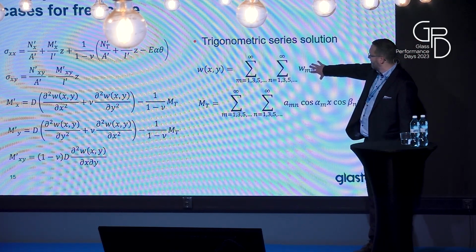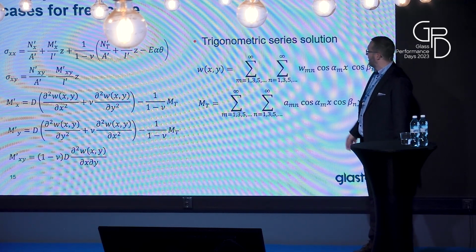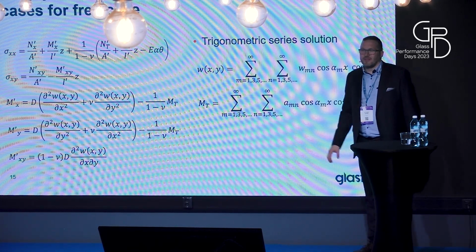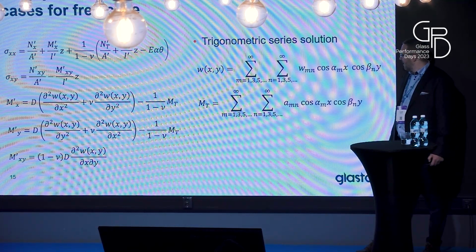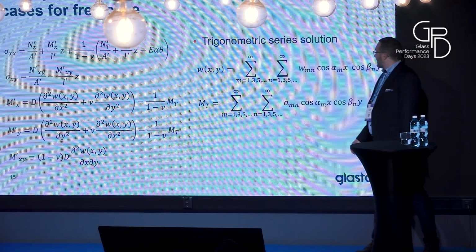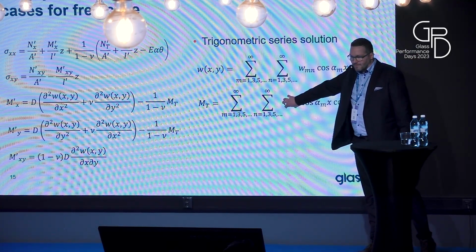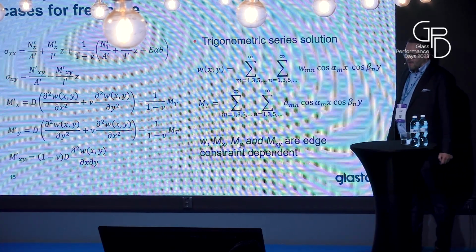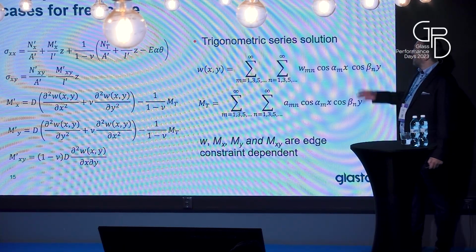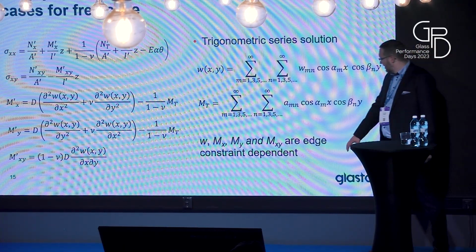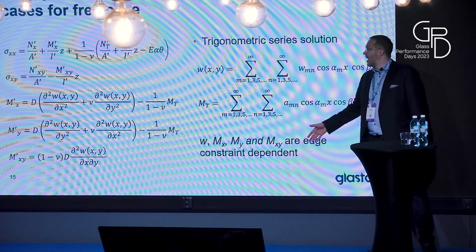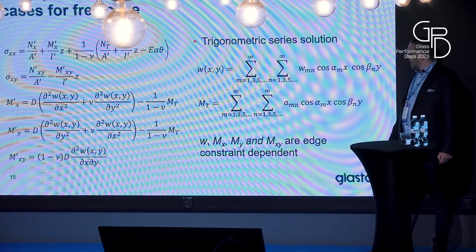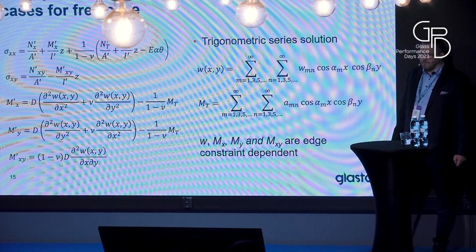So for deformation, we use one equation with the specific terms for that, and for thermal moment, the same kind of trigonometric series with different constants. And in this case, if we go to simply supported or fixed cases, depending on what kind of constraints you have, you get a little bit different kinds of moments and deformation equation at the end.